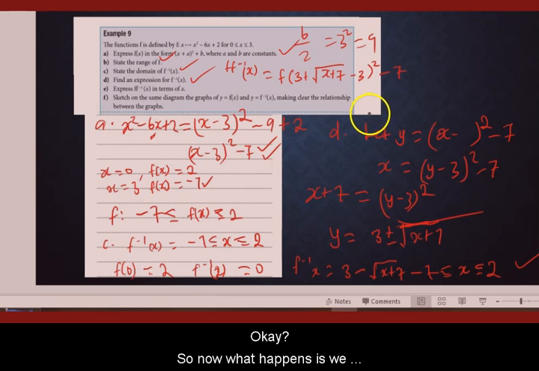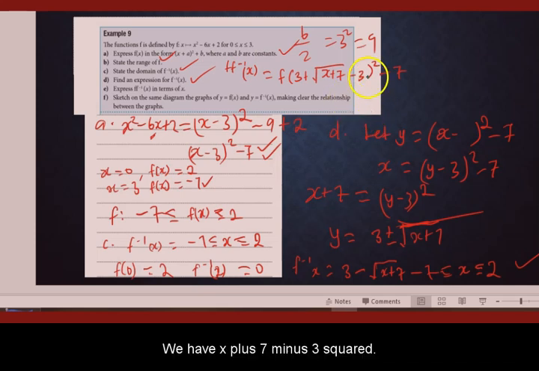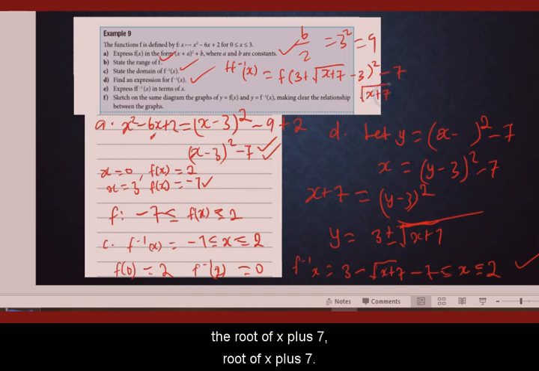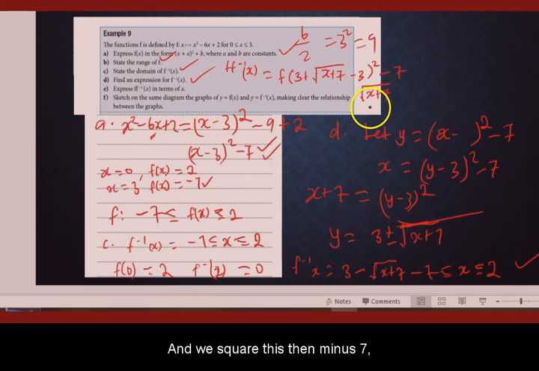So now we are going to simplify this. We have the root of x plus 7, and we square this, then minus 7.